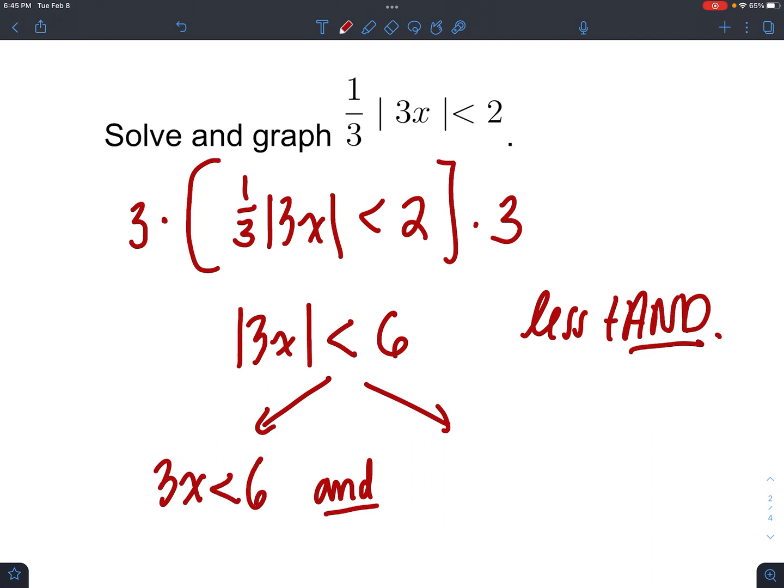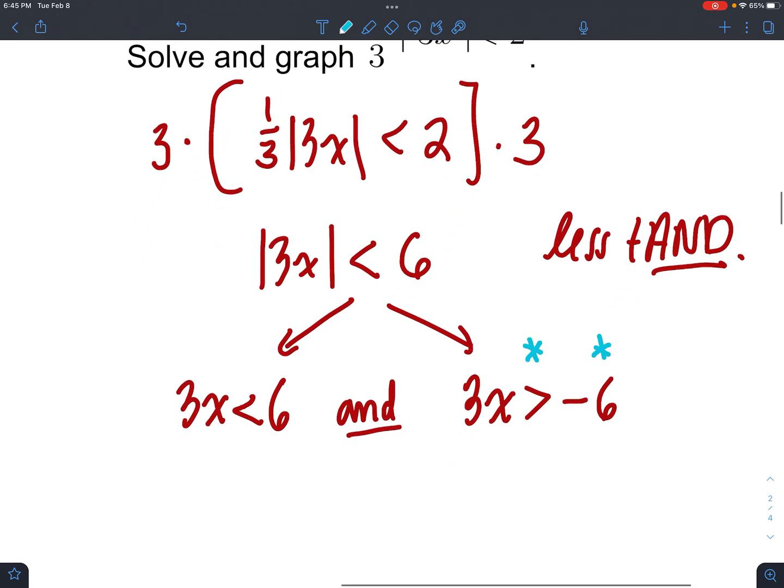So we have copy paste here, the positive branch, and we also have the negative branch, which not only switches the sign there, but it also switches the sign here. So there really is a double flip here. You've got to flip both, the sign and the negative sign. You swap it.